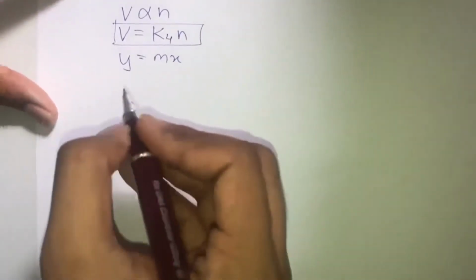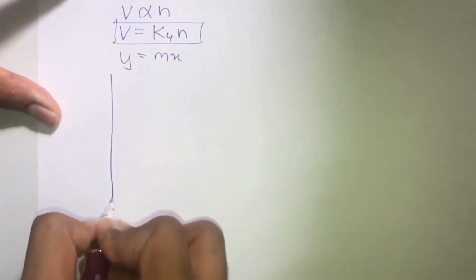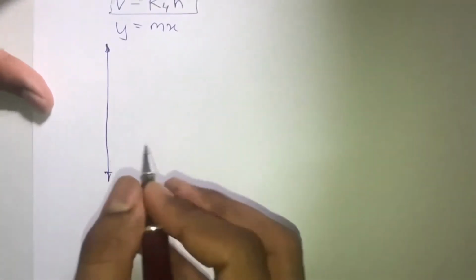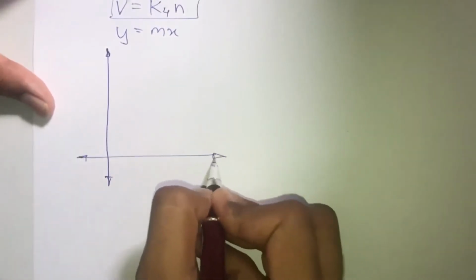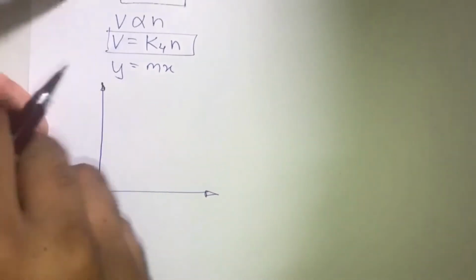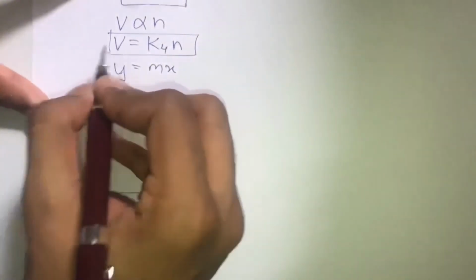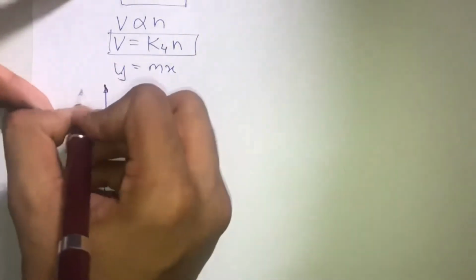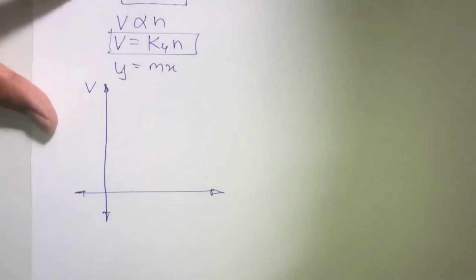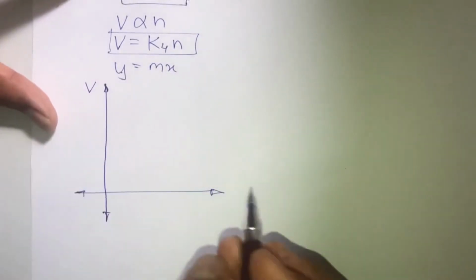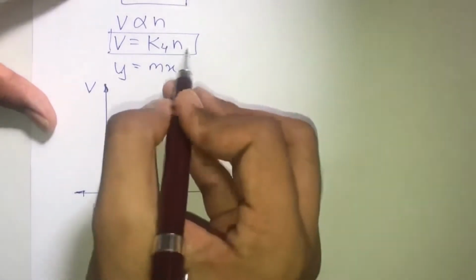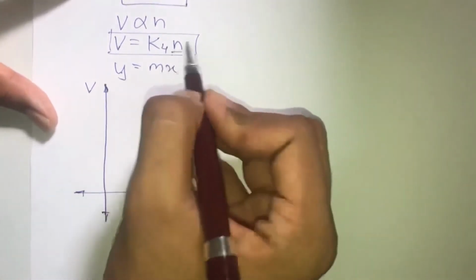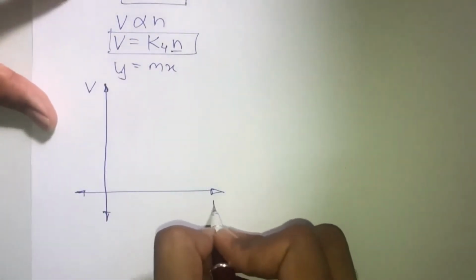So basically, first of all, you have to draw the y-axis. Okay, so this is a y-axis and you have to draw an x-axis. Now here the variable on the y-axis is nothing but your volume of a gas, and the variable on the x-axis is obviously nothing but your number of moles.